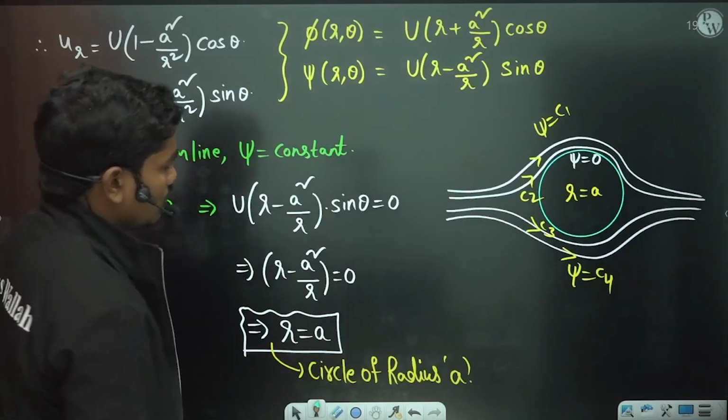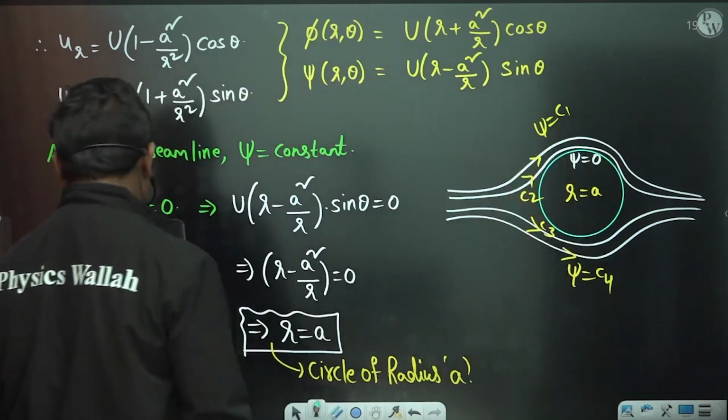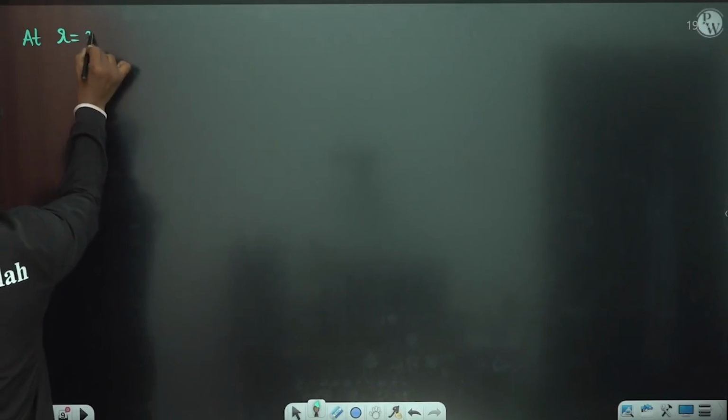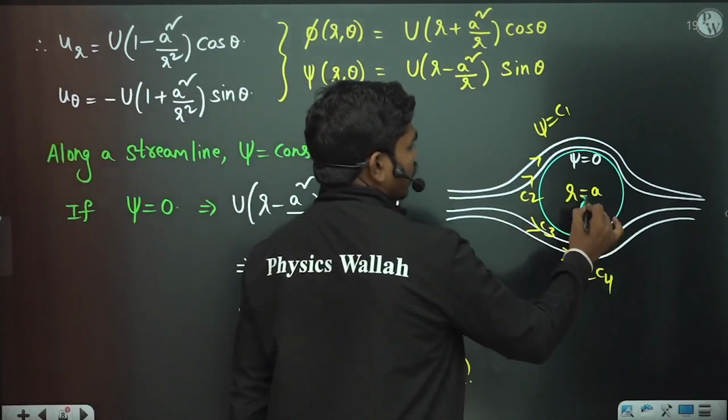Here if you see one thing, at any point on the surface of the cylinder, at r equal to a, what is the meaning of r equal to a? This is the origin, for example, in the complete system.